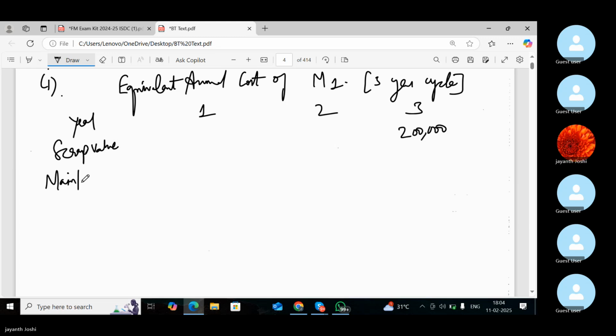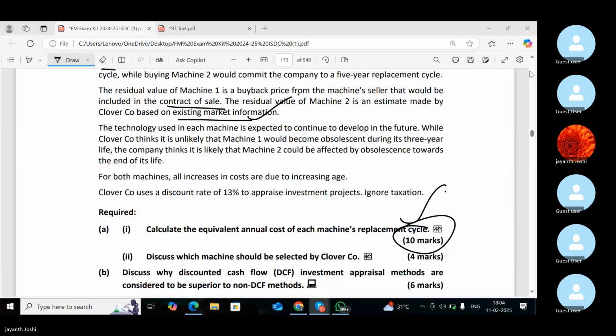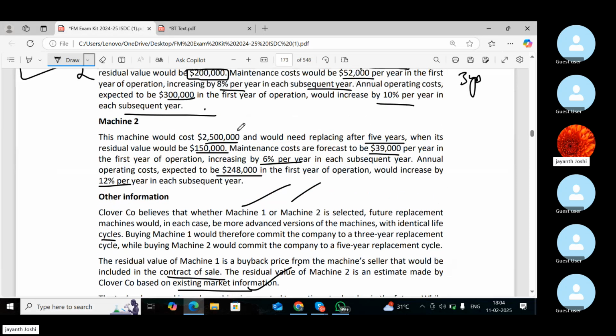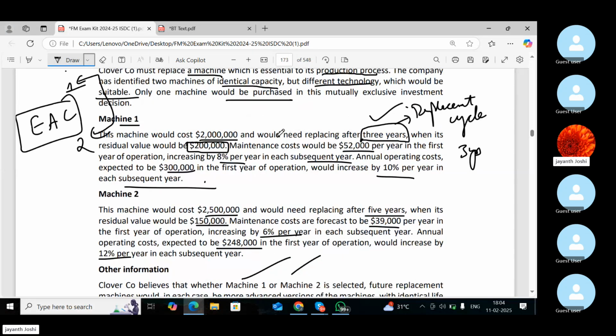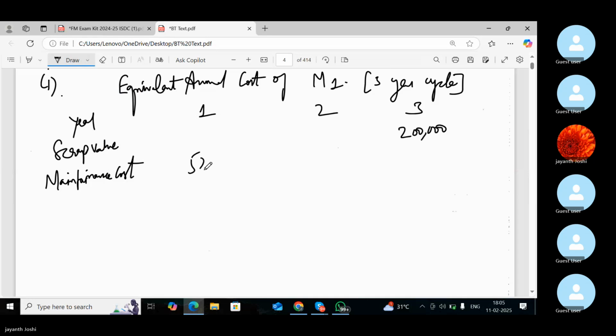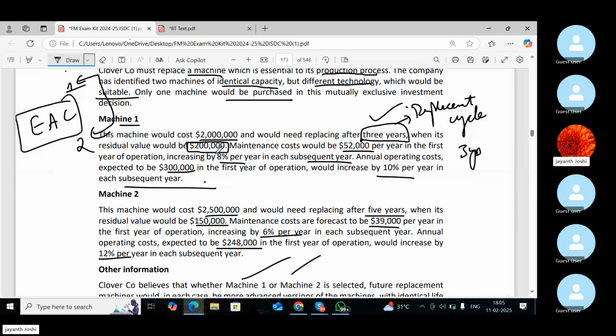Maintenance cost. Machine 1 has 52,000 as the maintenance cost, and it's going to increase by 8%. So we need to multiply by 1.08. That gives 56,160.